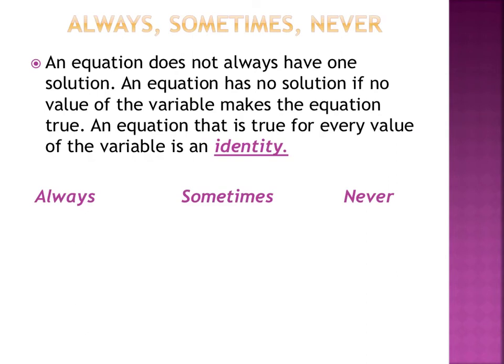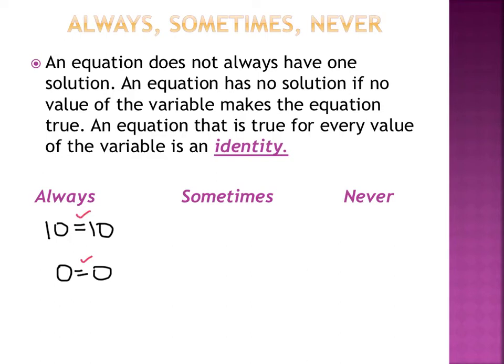So when we're talking about the solutions to an equation, we can say, is this solution always, sometimes, or never true? Now, always solutions give me answers that look like this. So if I get 10 equals 10 once I isolate my variable, or 0 equals 0, these statements are always true. So I know that I can plug in any value for my variable and I will get a true statement.